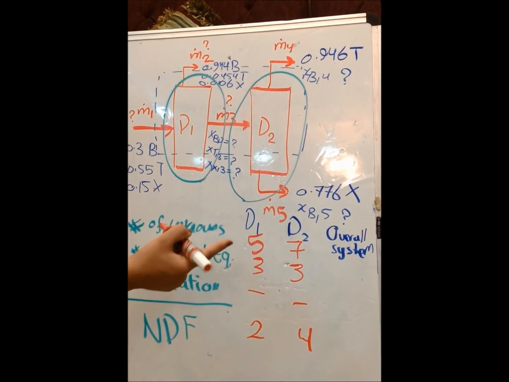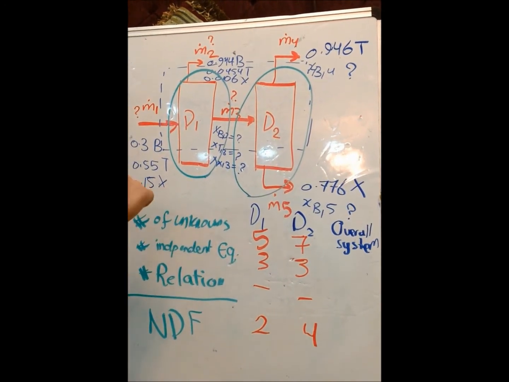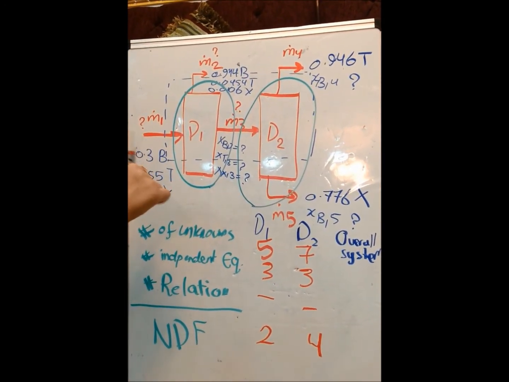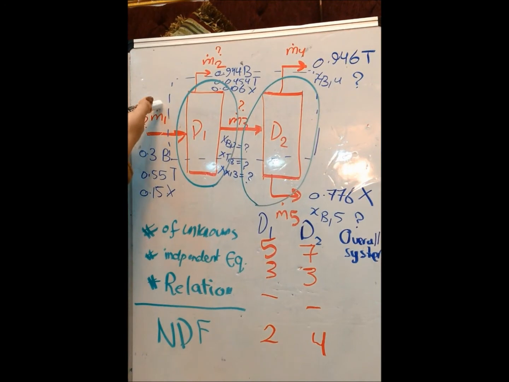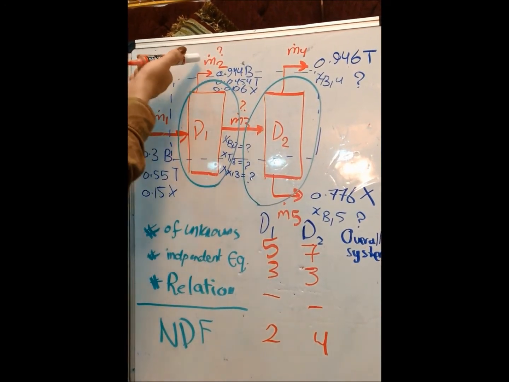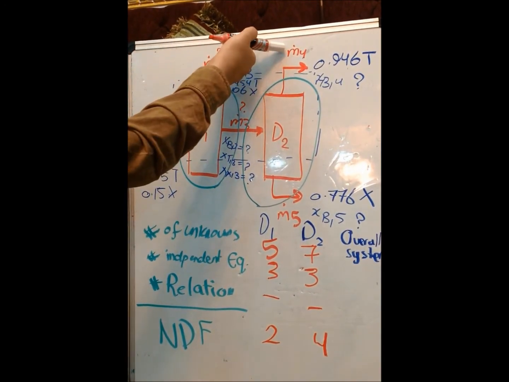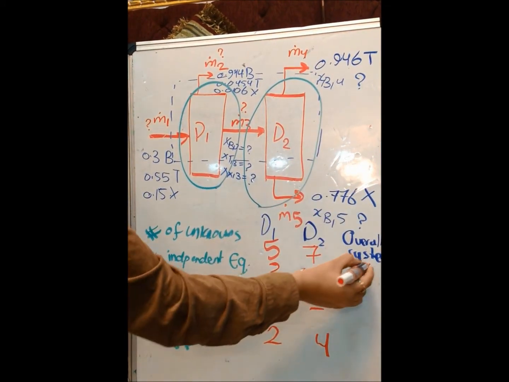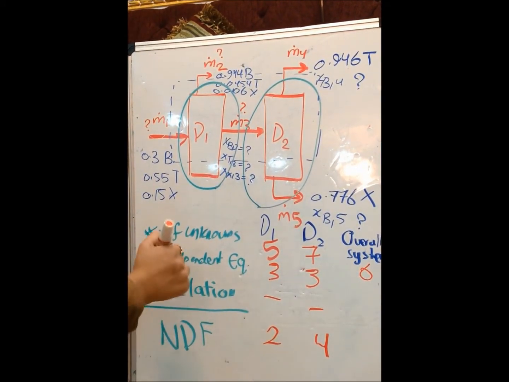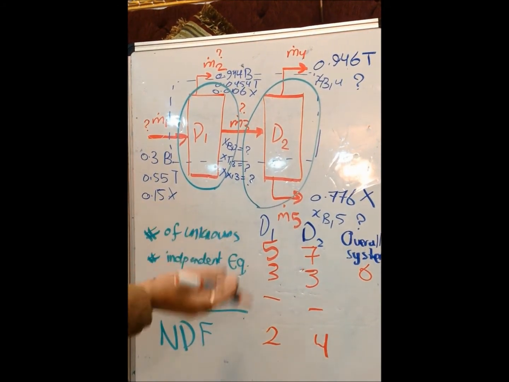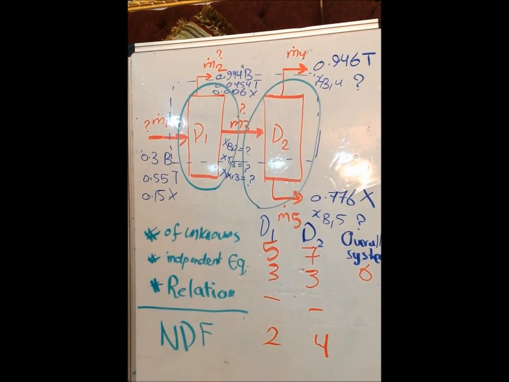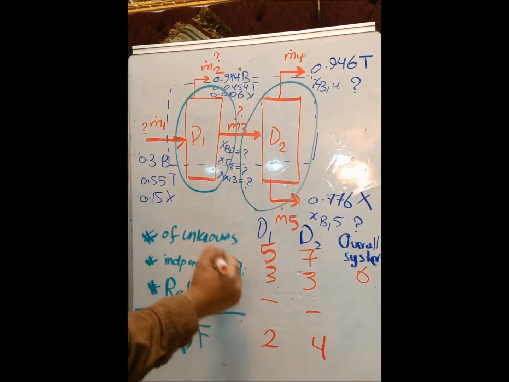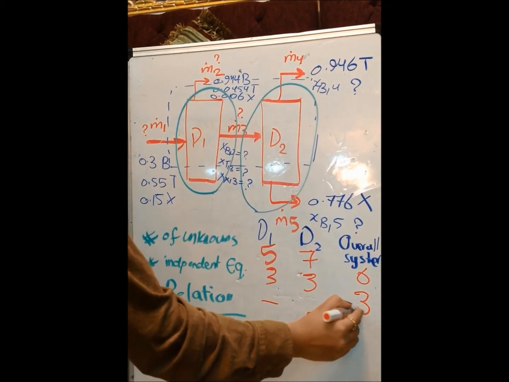And for the overall system process, how many unknowns do we have? We have 1 unknown, and the second one, the third one, the fourth one, and the 5 and 6. We have 6 unknowns, and the number of independent equations, as we said for these 2 before, is equal to the number of components, which is 3.